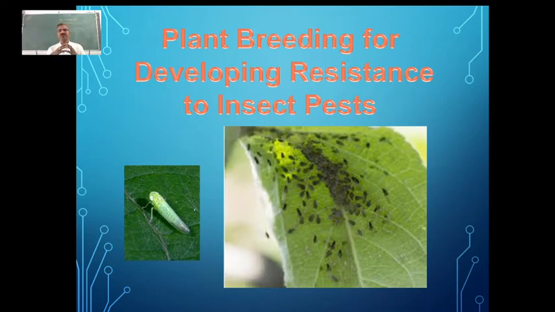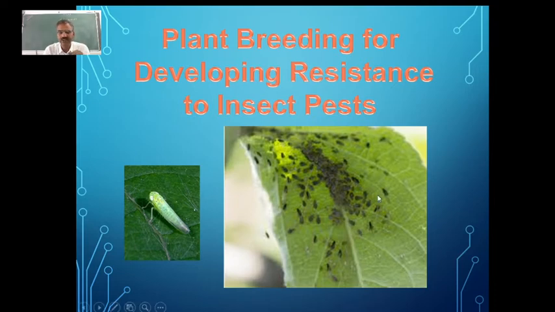We have so many insect pests, especially insects, that is phylum Arthropoda, which are causing severe damage to the productivity in the entire world. It is said that almost 25 to 30% of the crop losses in the world is because of insect pests.